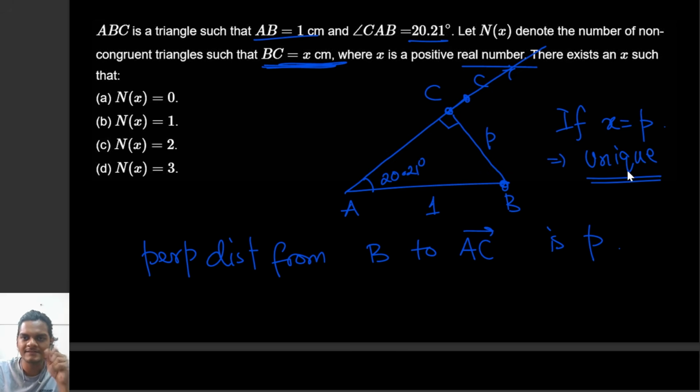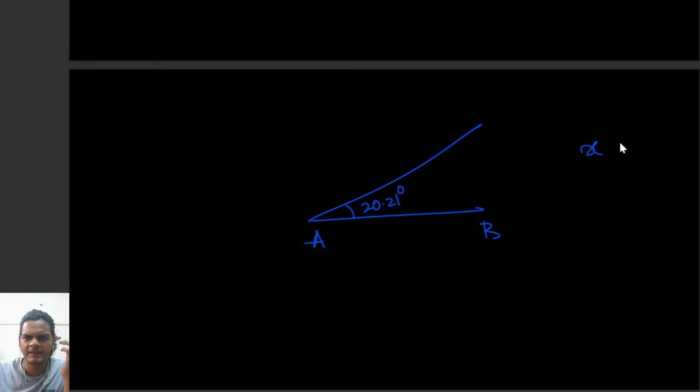And this is the unique triangle which we get in the RHS condition: right angle, hypotenuse, and a side. This is the RHS condition, right? But suppose we have this AB here and we have this 20.21 degrees here, and suppose my x is greater than P.